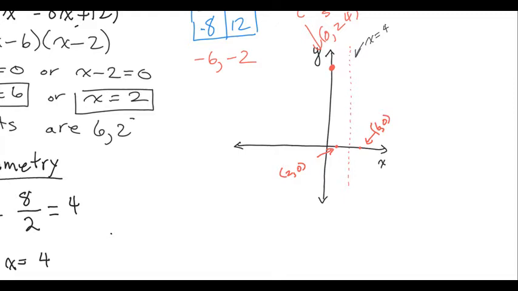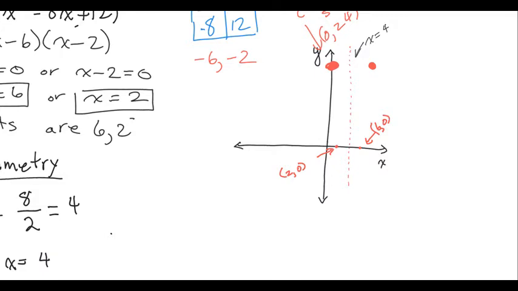And then, if you're really smart, you'll notice that if I have a point right here, I'm going to find another point exactly the same distance away from this line. We call that the mirror line, or the axis of symmetry.